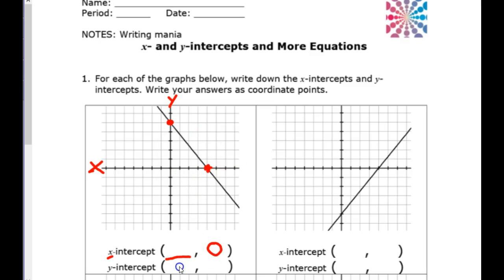It doesn't go up or down. Y-intercept is flipped. Y-intercept has a y value and 0 for the x, sorry. Okay, so what's the x-intercept? 4, 0, and then the y-intercept is 0, 5.